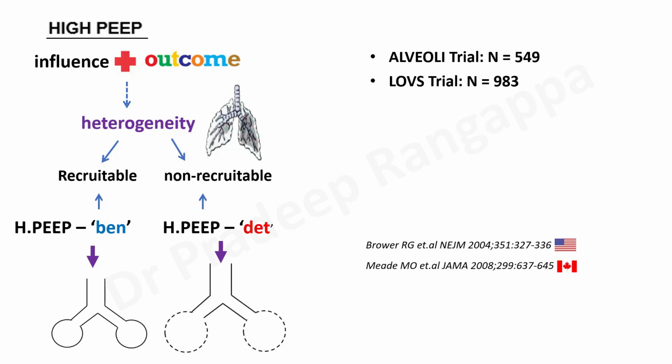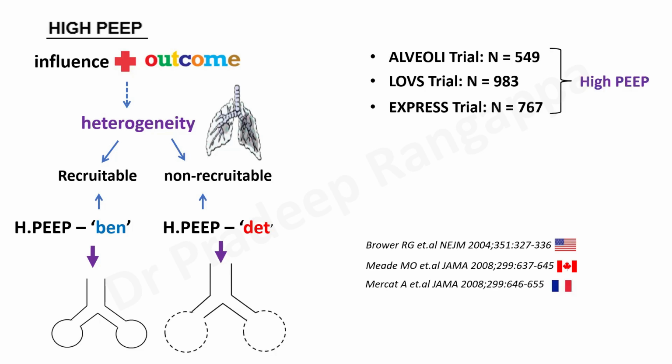After this, there was the Canadian trial called the LOVS trial, which looked at a bigger number of patients, 983 patients. Then there was the EXPRESS trial that came from the French group in 2008. As you see, these trials are between 2004 and 2008. All these three trials compared high PEEP versus low PEEP.